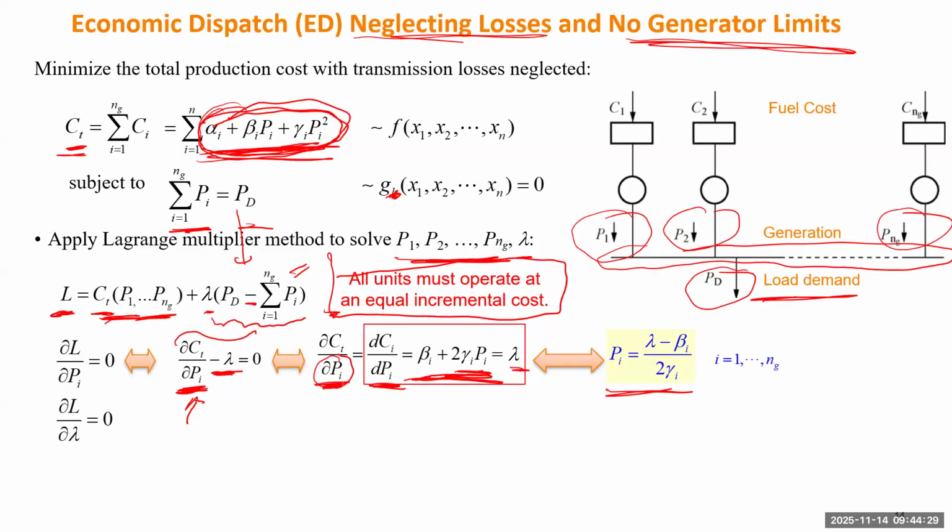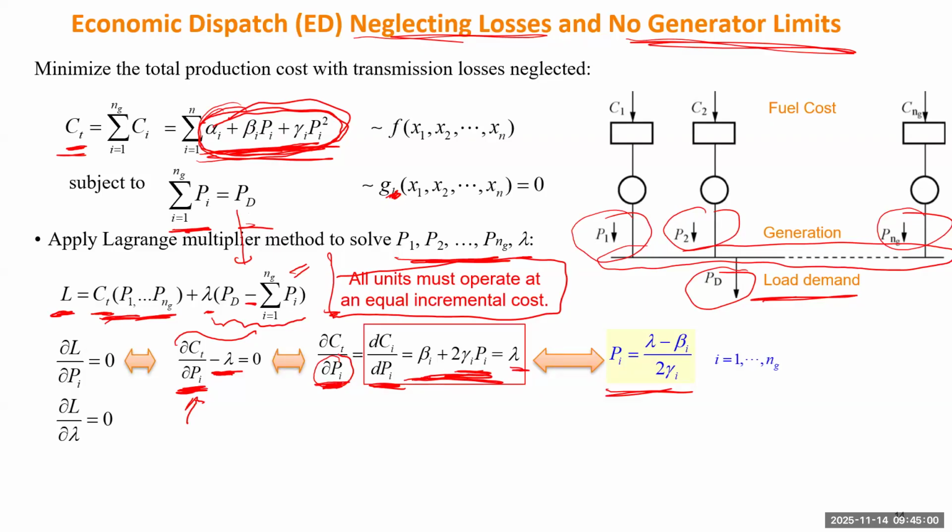Even different units may have different cost functions, different incremental cost curves, but when they together support some load, they need to be operated at exactly the same price, which is the equilibrium of the market or the dispatch. You cannot have any unit at this moment be more expensive than the other unit, right?